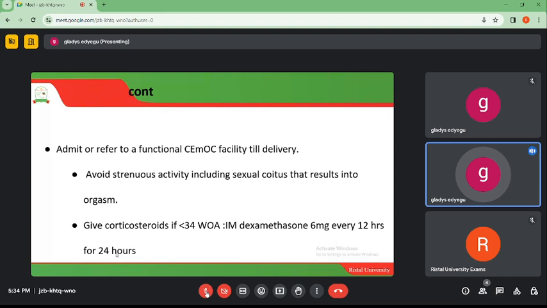So mild bleeding should not be taken like it is something that is simple, but we need to advise them, we need to counsel them, we need to tell them the effects so that they can avoid all these kinds of activities, especially when the pregnancies are still very small, when the gestational age is maybe below 34 weeks.